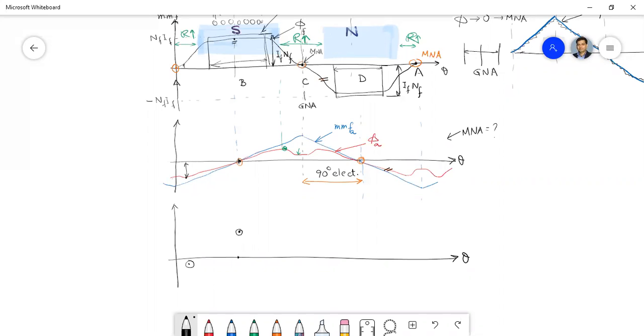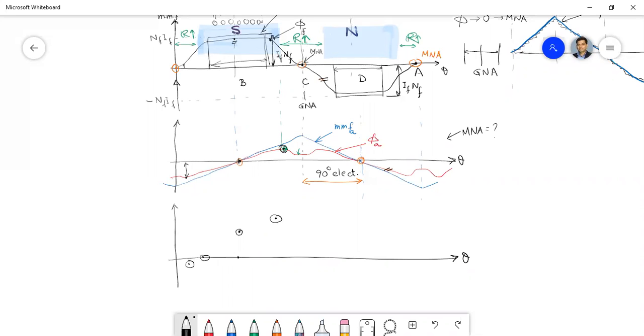So that means in between, the curve will intercept the 0. Now where will it reach the maximum? It will reach the maximum over here, because here it is a very high flux value. Here also it is giving a very high flux value. So here it will be like this, the maximum point.